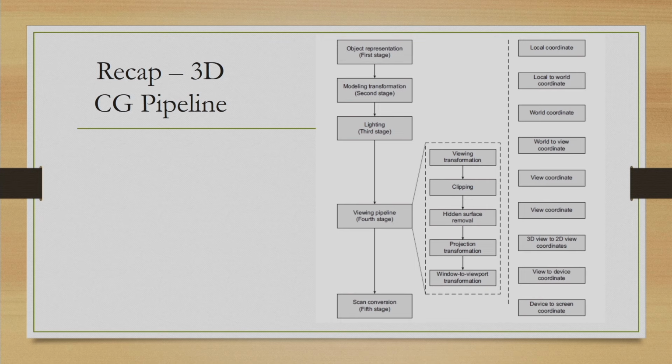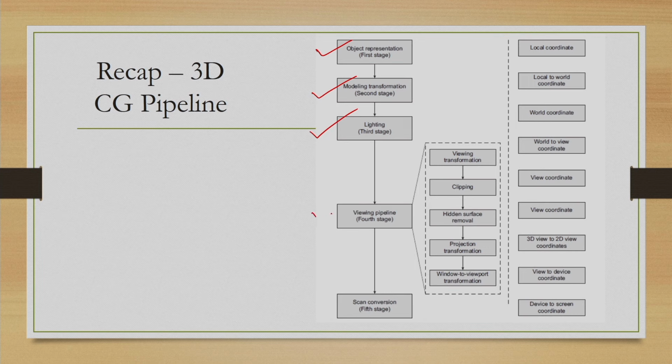As we have already mentioned, there are 5 stages in the pipeline. First stage is object representation, second stage is modeling transformation, third stage is lighting or coloring, fourth stage is a composition of sub stages and sub pipelines.